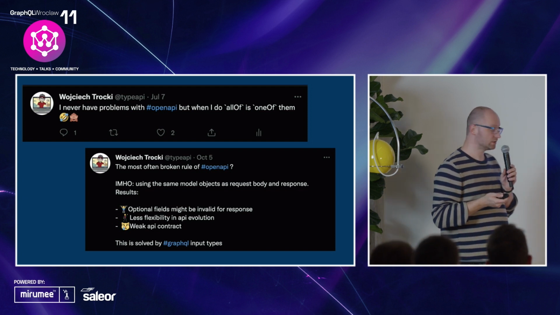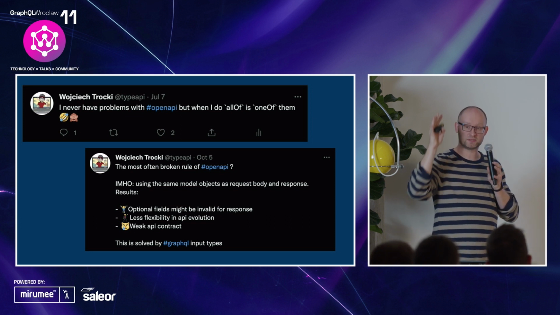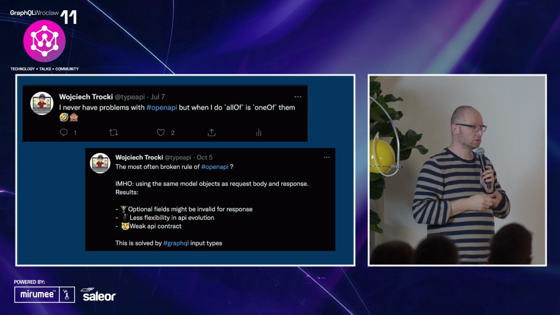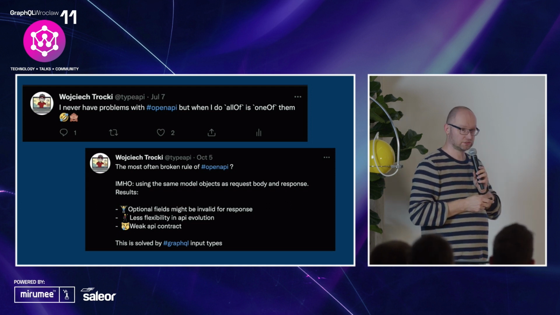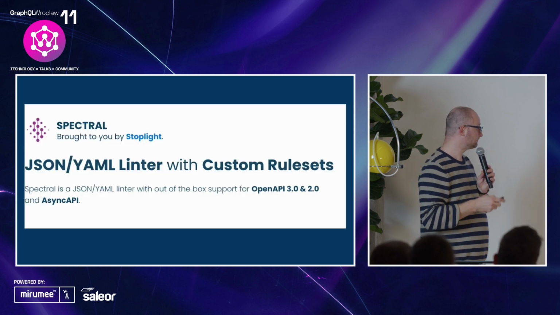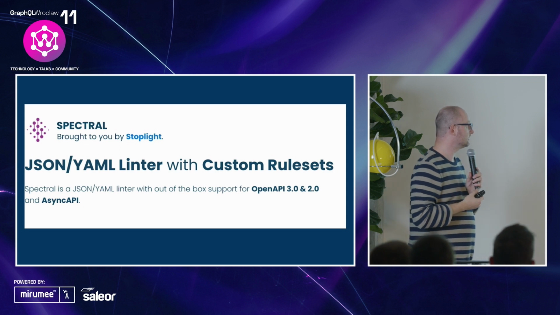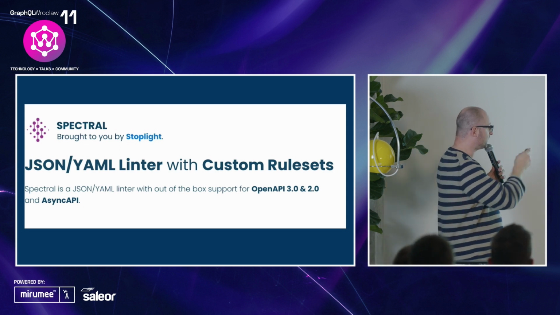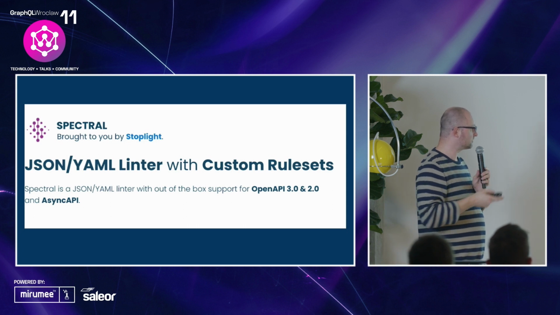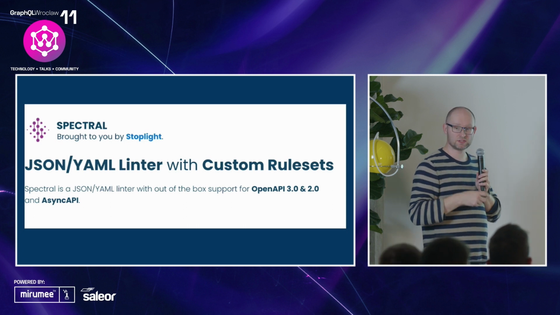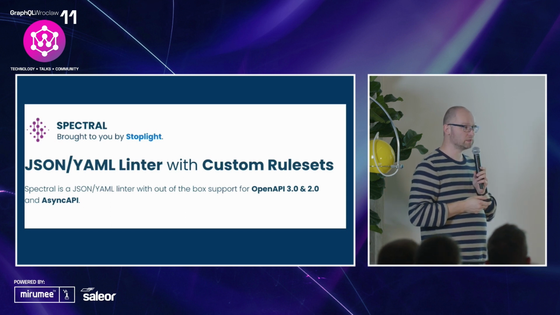The same goes for input types. GraphQL solved this problem because they have a new type in the schema called input type. In OpenAPI you don't have that, so you need some validation to prevent users from doing it. I'm using another promotion here. I'm not affiliated, but Spectral comes from the Stoplight company. It's open source, and it gives you validation for your OpenAPI.